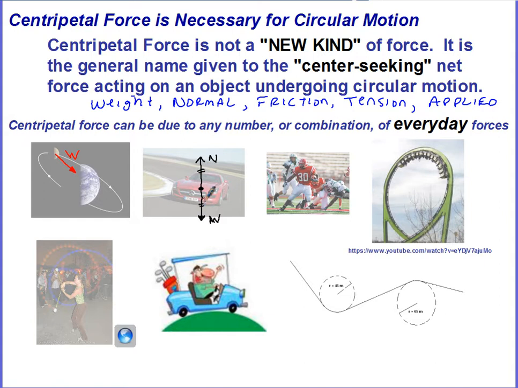In order for that to make that turn, there's got to be something that's sort of pushing it towards the center of that. And as you'll see here, the tires actually push out on the ground. As it's trying to make that turn, the ground pushes it inward this way. And so that force is none other than the force of friction. Now, as long as we're not sliding, that would be static friction, right? So static friction is pointed towards the center, allowing us to make that turn.